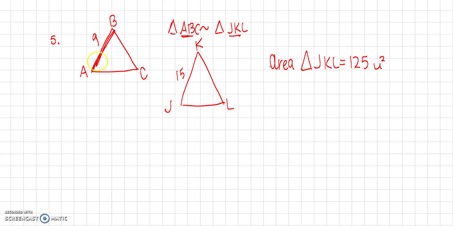So the sides that correspond to each other, AB and JK. So I'm going to create a fraction, 9/15, AB over JK. And I'm going to reduce that fraction. That means triangle ABC is 3/5 the size of triangle JKL.